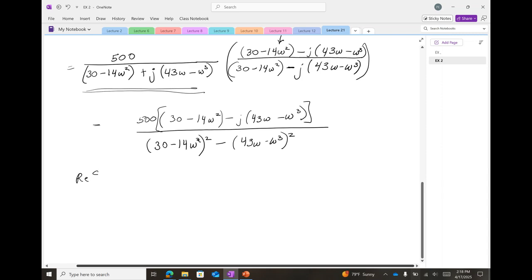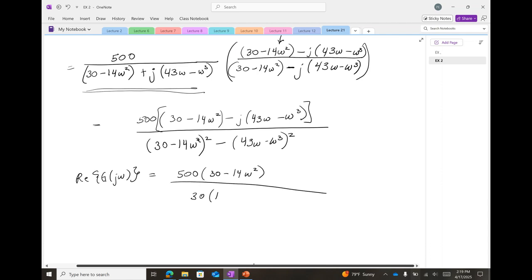So the real part of g of j omega is going to be equal to 500 times (30 minus 14 omega squared), all divided by our denominator. So this is (30 minus 14 omega squared) quantity squared minus (43 omega minus omega cubed) quantity squared.